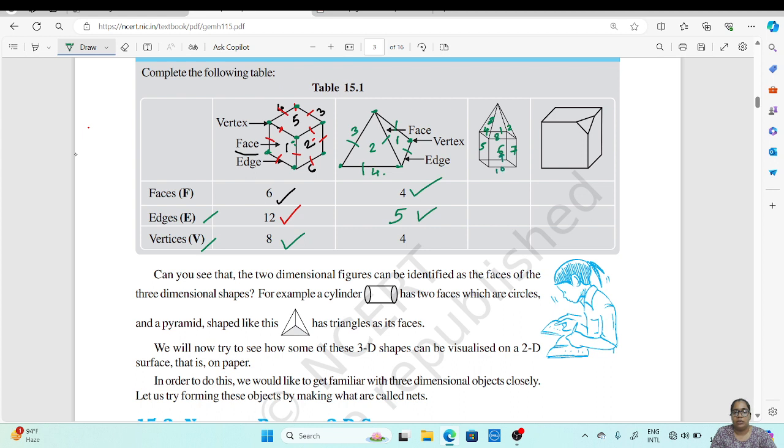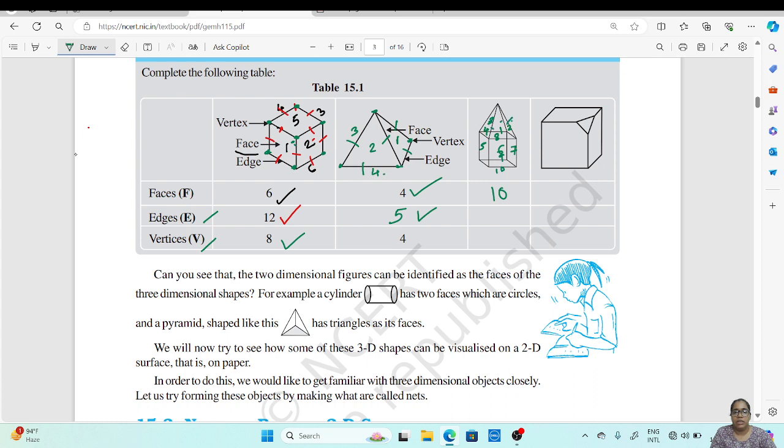So there are a total of 10 faces. Then how many edges will there be?